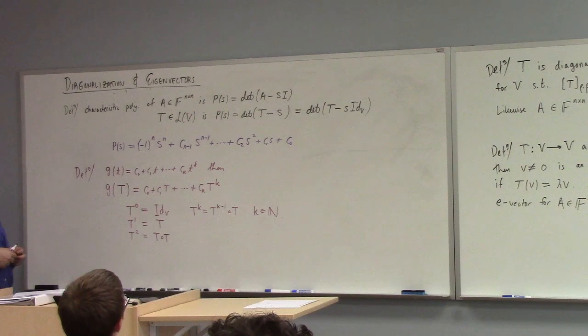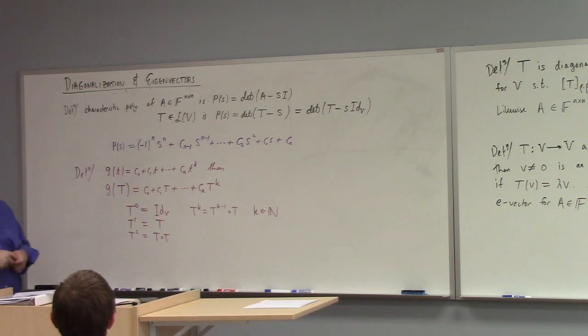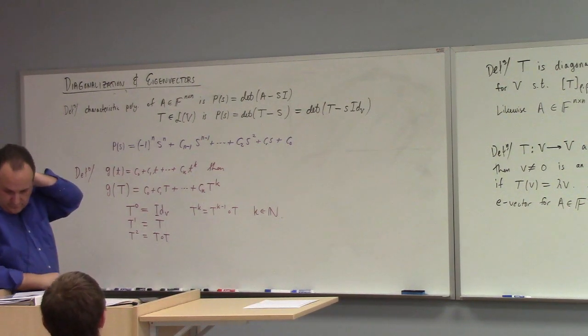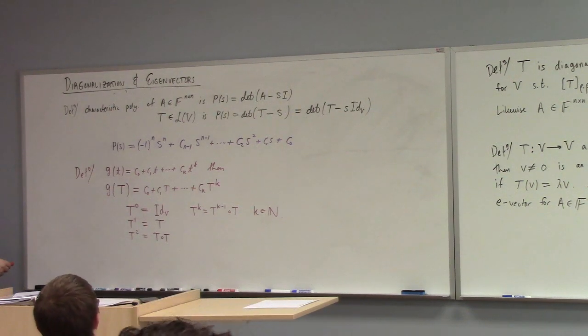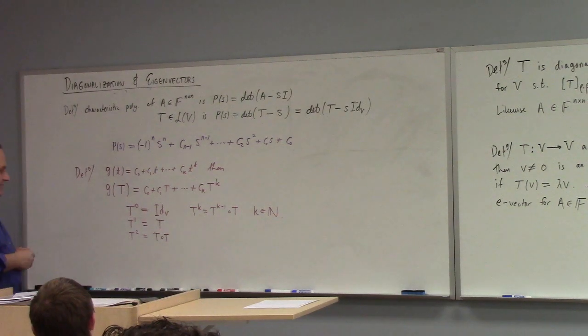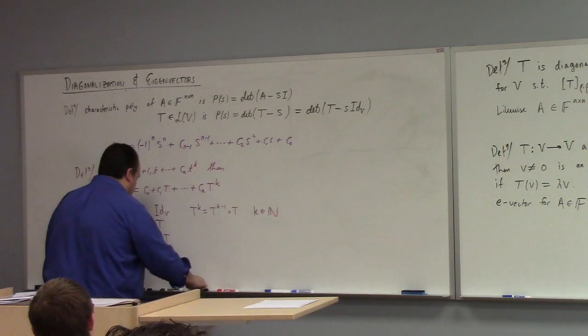I was going to ask if this could be extended to other integers or even real numbers. Would it make sense to have K a real number? Well, that's an interesting question. I don't have an answer right offhand.